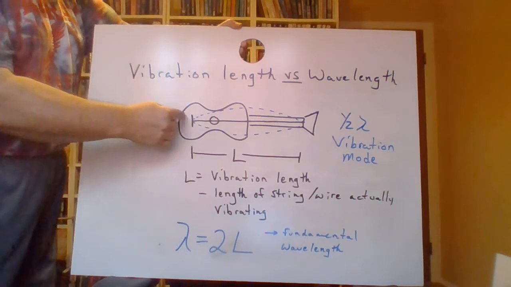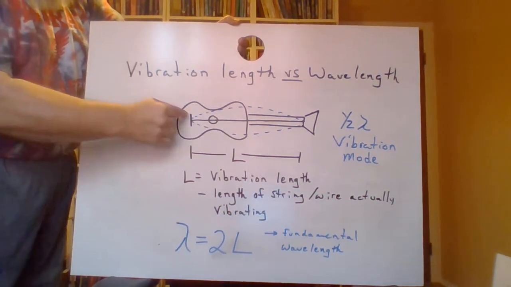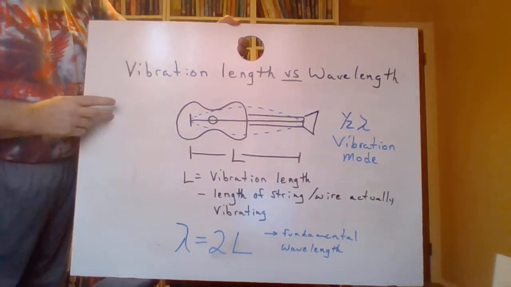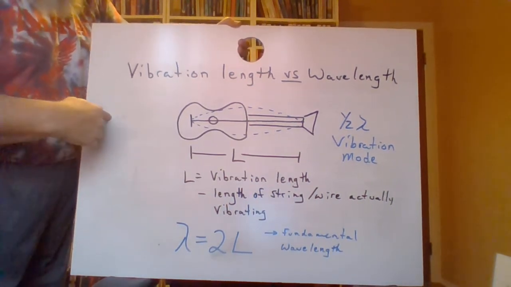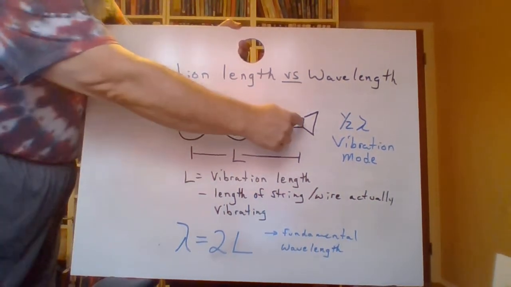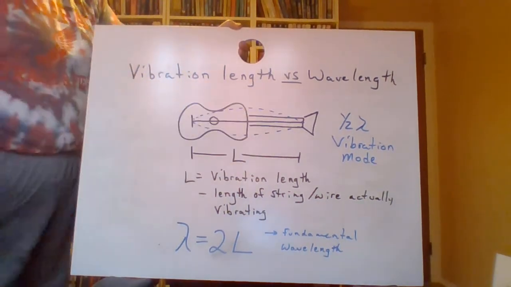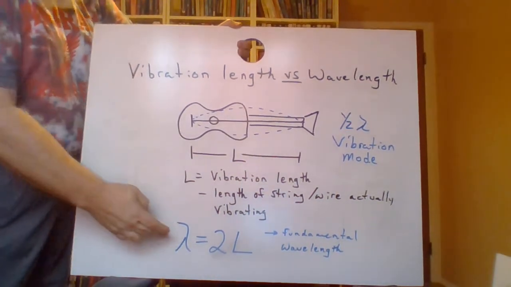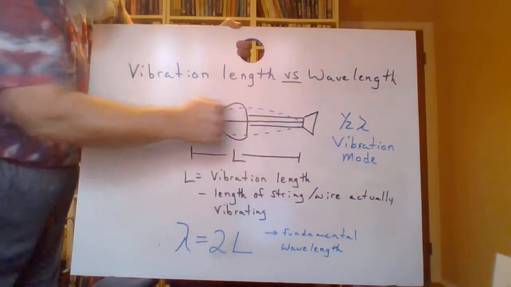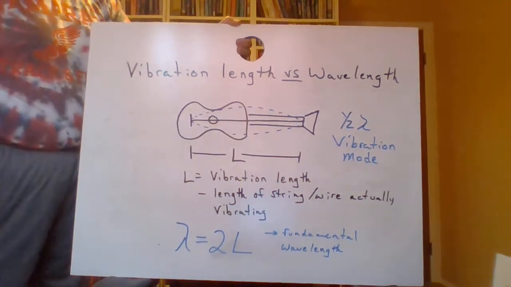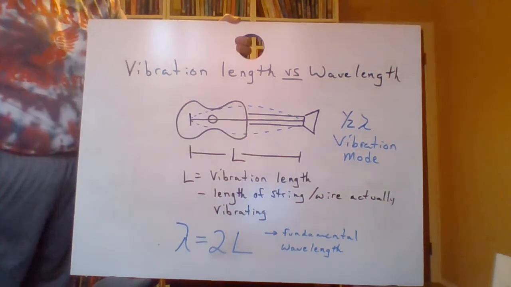Because if I were to extend the picture over here, notice I would get the full wavelength over here. This distance over to here is 2 times that distance right there. So the wavelength for the fundamental wave is 2 times the length that is able to vibrate within that. And that's why we call it vibrational length.